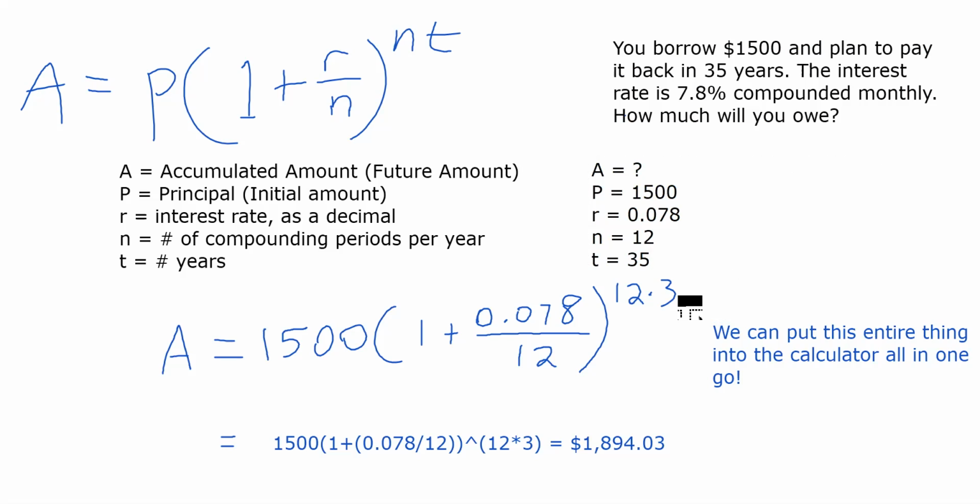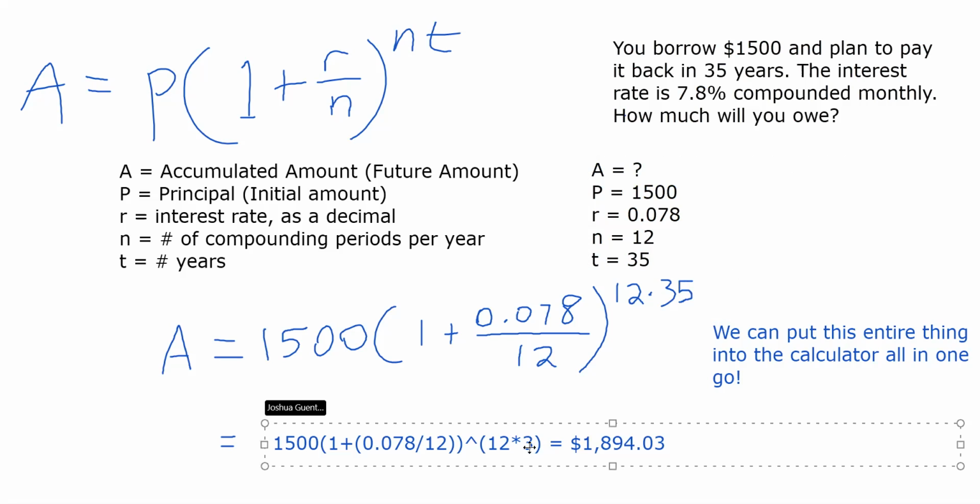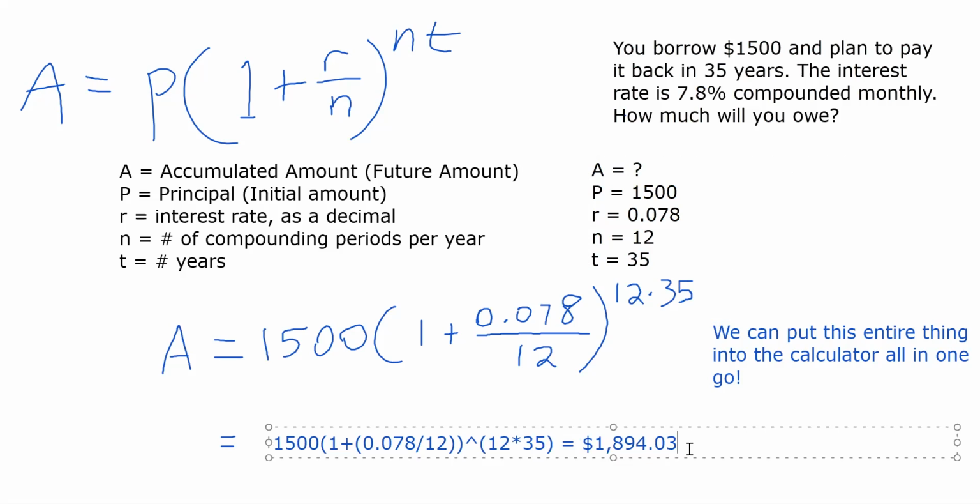So we just have to slightly update things that we just did, but not a whole lot. 35 instead of 3. And then down here, 35 instead of 3. That is definitely going to change our final answer.